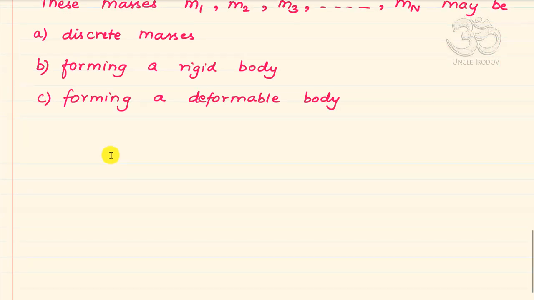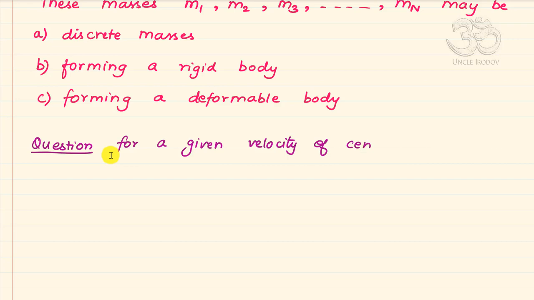So let me ask you this question. For a given velocity of center of mass, that implies that V center of mass in the ground frame is a constant.